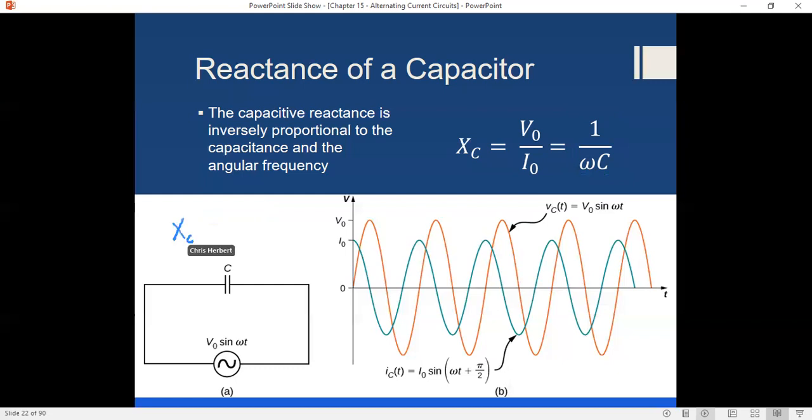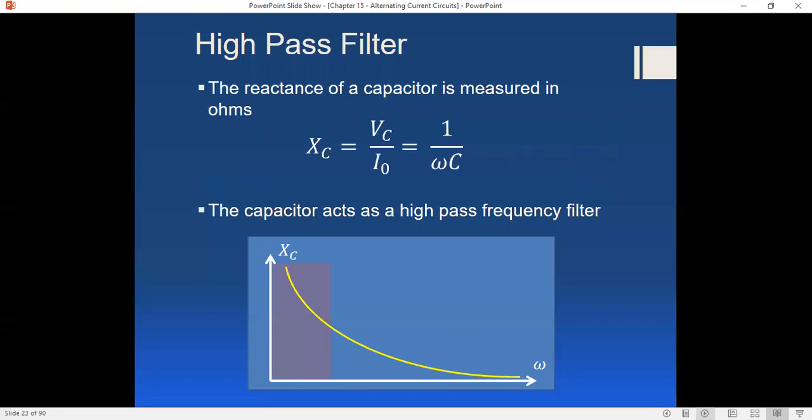The symbol is XC, X for reactance, C for capacitance. It really shows us how we can equate voltage and current to one another for the capacitor. As I said, this isn't simple. Okay, let's go on to the next.